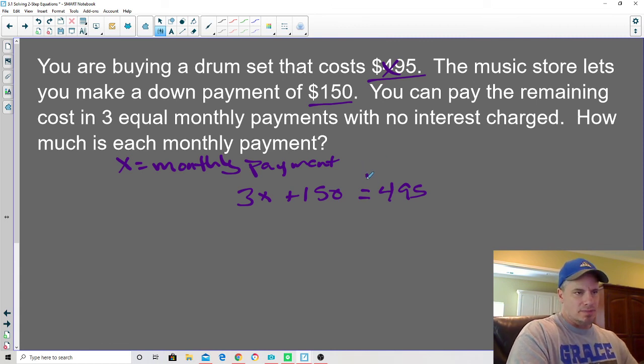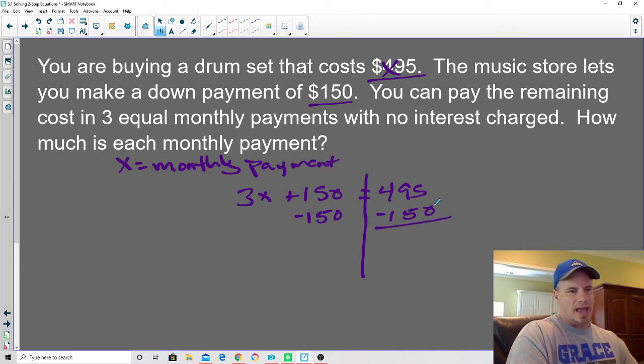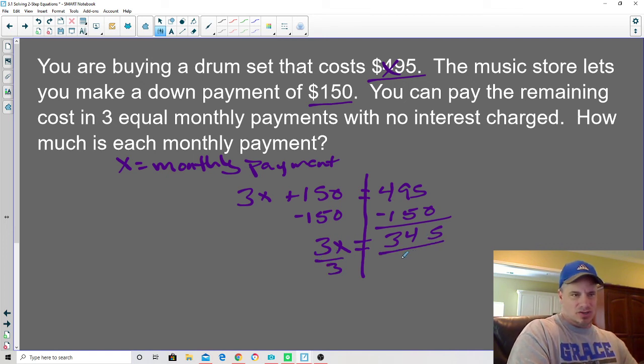Okay, so the first step, let's do a little crooked line. We're going to subtract 150. So when I subtract, I get 5, I get 4, and I get 3. Bring down the 3x because that doesn't change. So I got 3x equals 345. This is multiplication, so I want to solve by division.